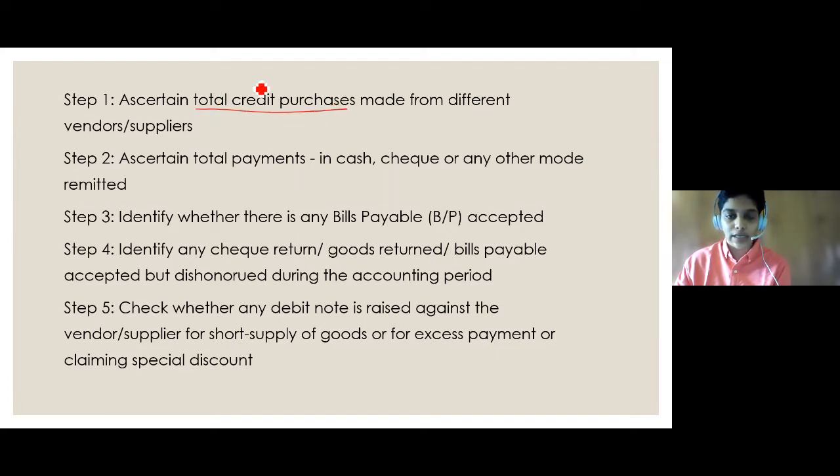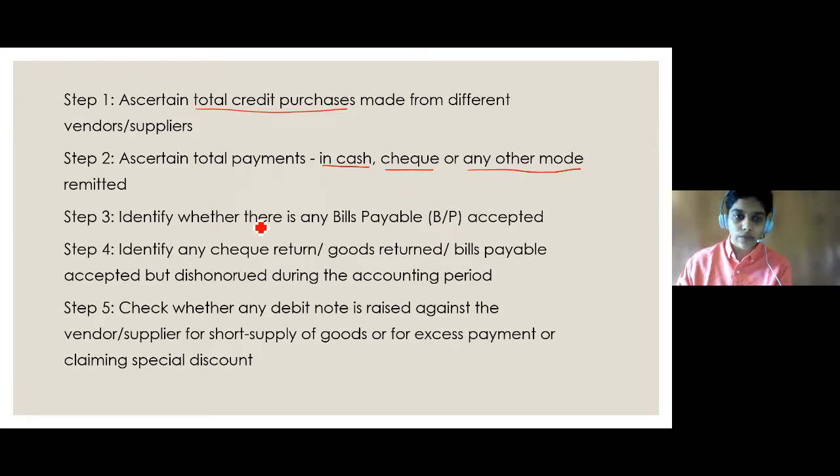Once we know the total credit purchases, we are going to find out the payments that have already been made. While finding out the payments, we'll find them out categorically, as in, how many payments were made in cash, how many by check, and how many by any other modes.